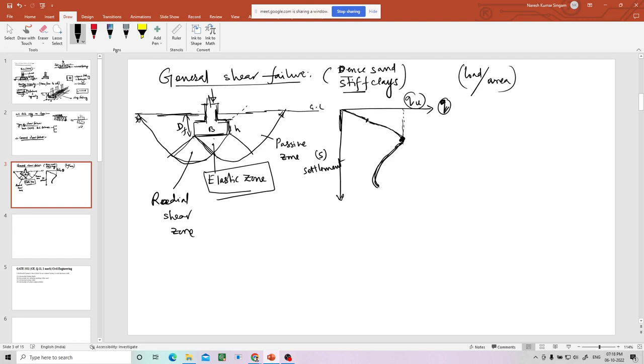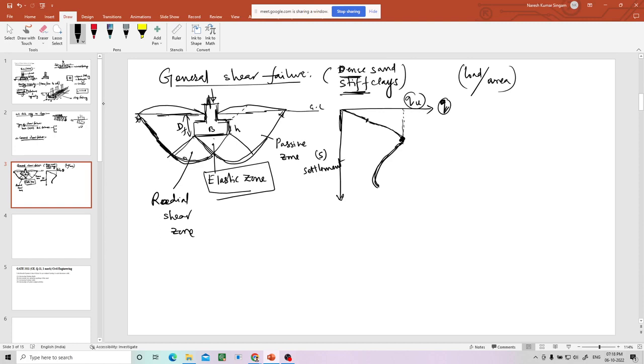Then at the failure, at this qu, there will be heaves formed at the sides of the footing. Heaves means the soil gets lifted up at this portion. So whenever you apply the load on the footing in this dense sand and stiff clays, these are called failure surfaces. This is the failure surface.